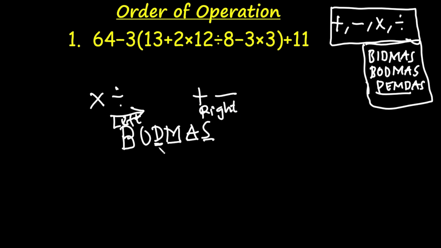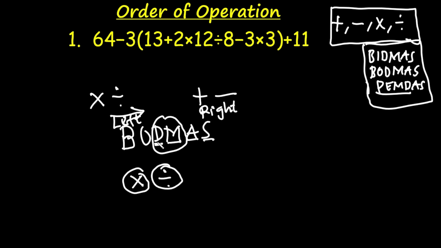So even though here the division comes before the multiplication, let's say in the question we have multiplication first followed by division. You're not going to say that in the acronym division comes before multiplication, so you solve the division before the multiplication. No, it doesn't work like that.